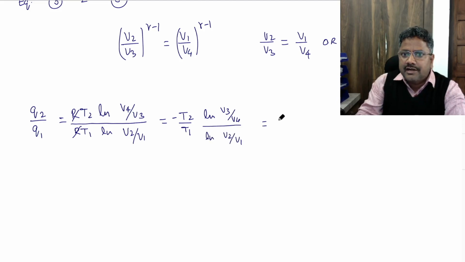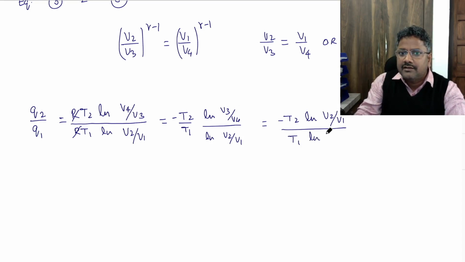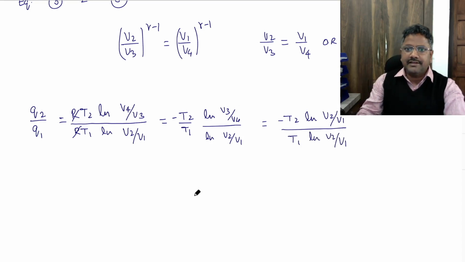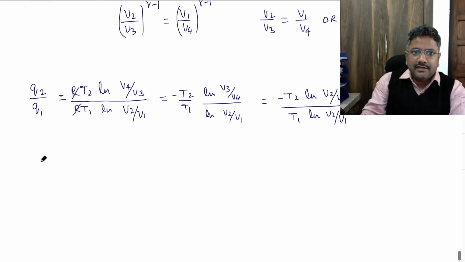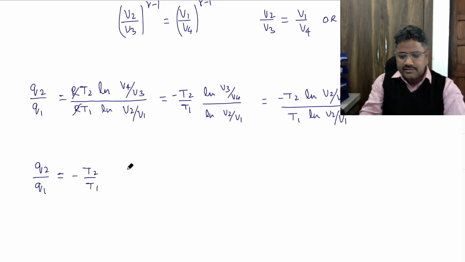So this is minus T2 ln V3 by V4, and from equation 7 you can write V2 by V1, over T1 ln V2 by V1, right? So you can write here Q2 by Q1 is equal to minus T2 by T1.